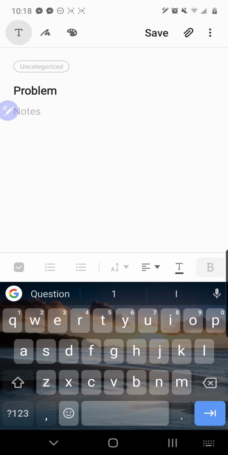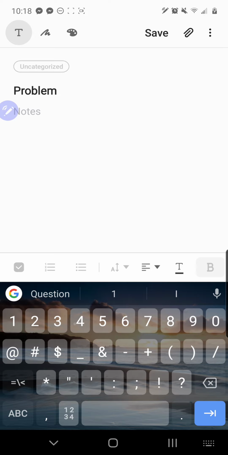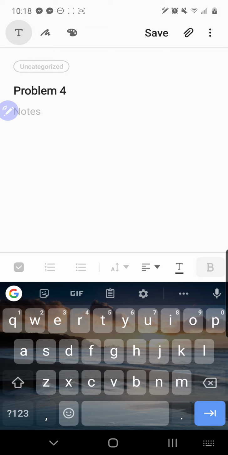Let's look at problem 4. Looks... Oh no, 4 is orientation. Okay. Not too sure how to do 4, which is why we'll do it. Okay.